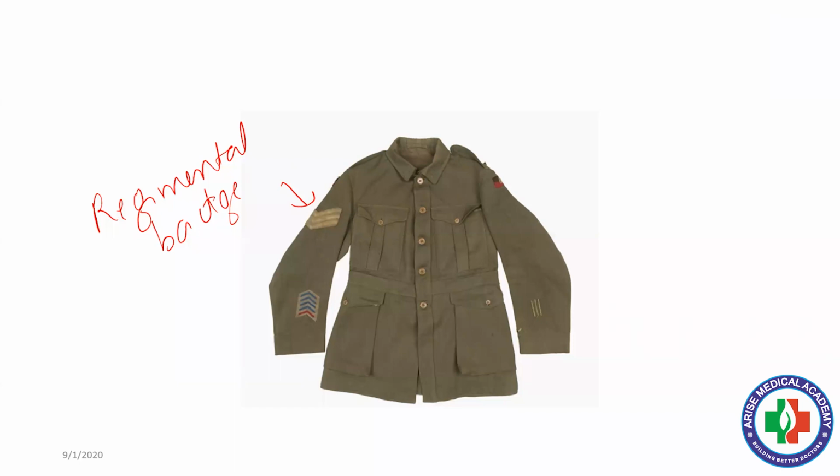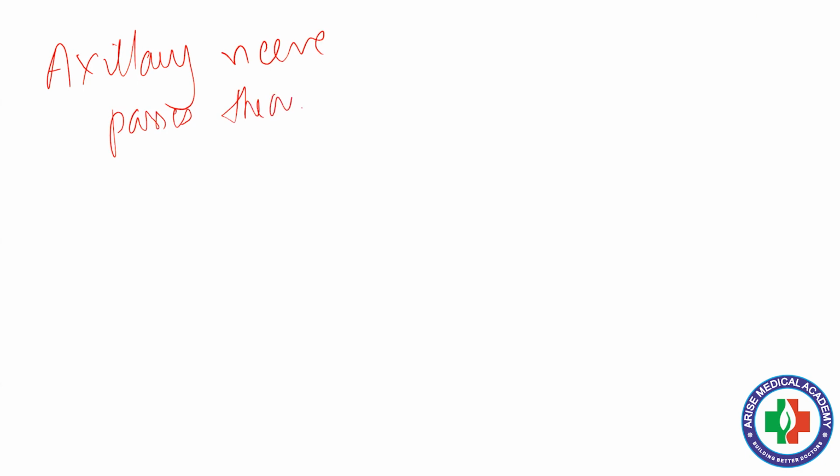Damage to the axillary nerve. Please remember, the axillary nerve passes through the quadrangular space of the shoulder. I'll teach you the spaces of the shoulder as well as the muscles later.